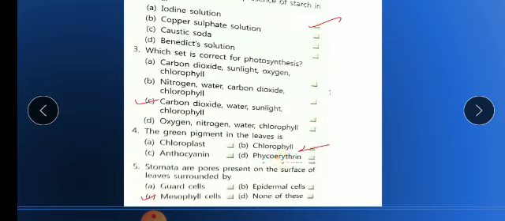Now fifth one is, stomata are pores present on the surface of the leaf surrounded by which type of cells? Mesophyll cells. So many mesophyll cells are present near the stomata.